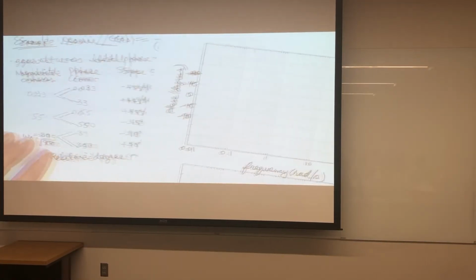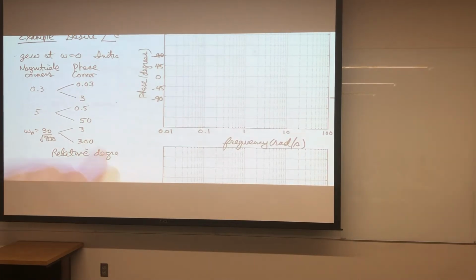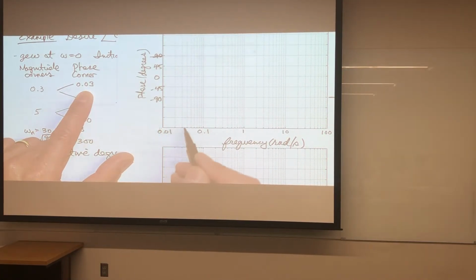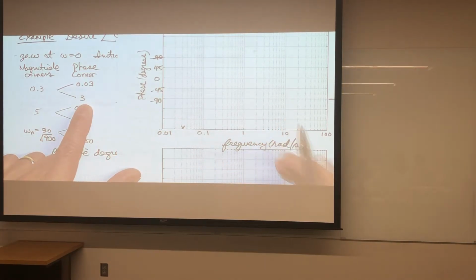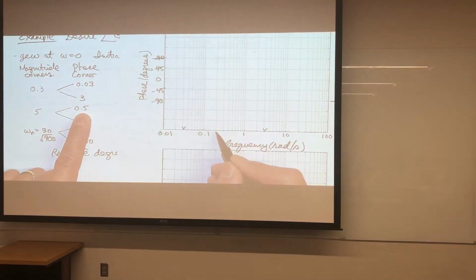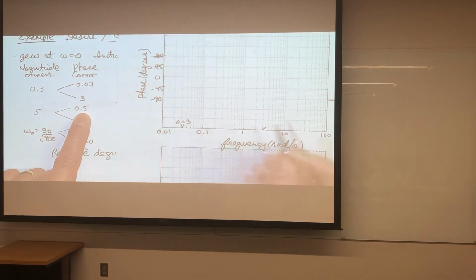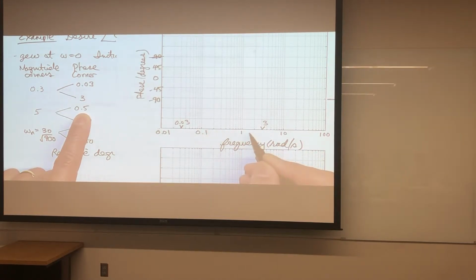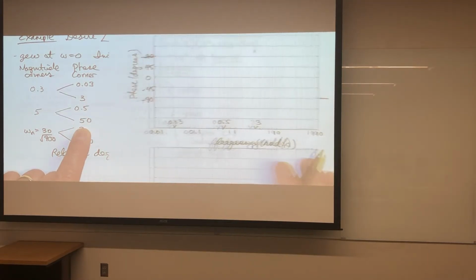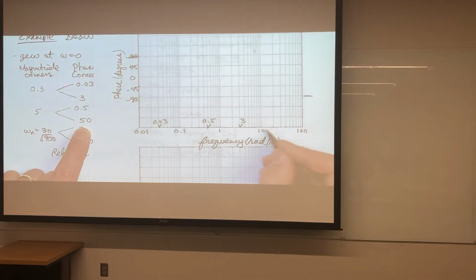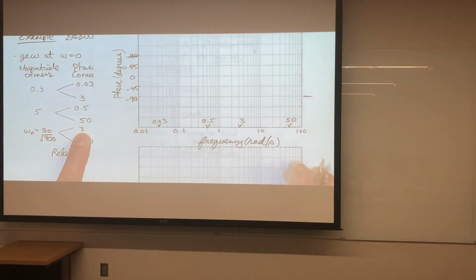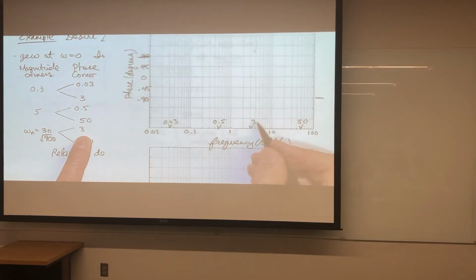Okay. So let's mark our corners. We got 0.03. Let's say 0.01, 0.02, 0.03 is right here. 3 is here. 0.5. Let's see, 0.1, 0.2, 0.3, 0.4, 0.5, 5, 50. 10, 20, 30, 40, 50. 3, ooh, I got a corner here.